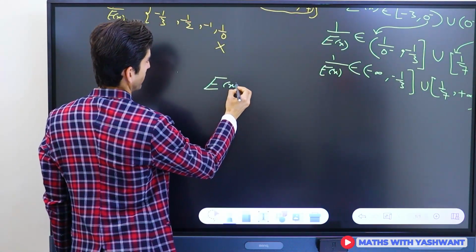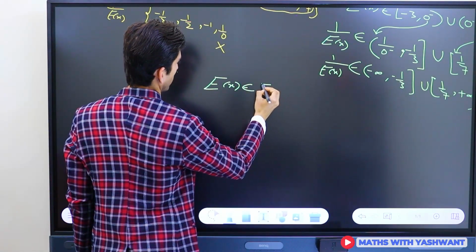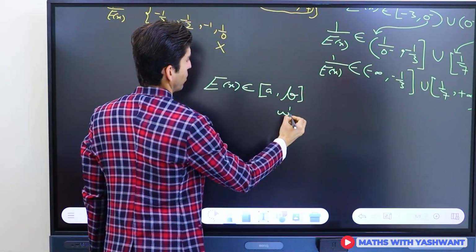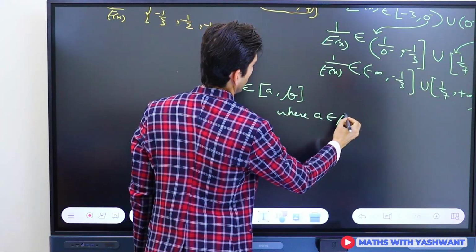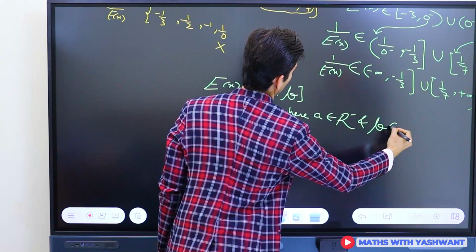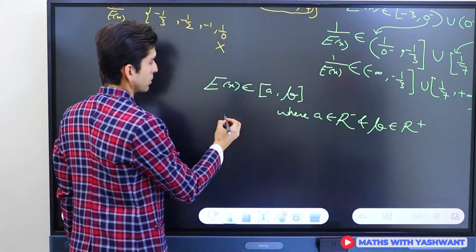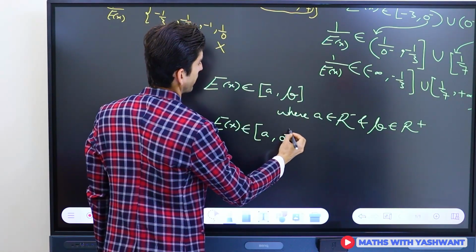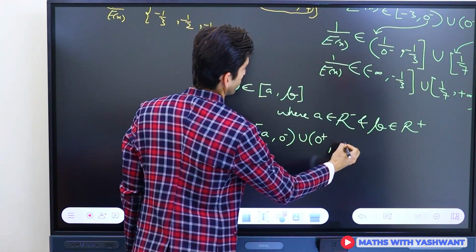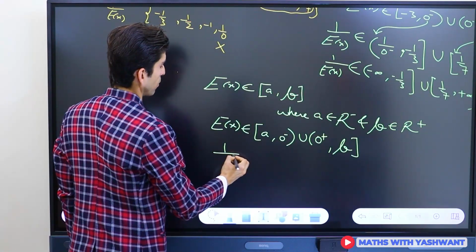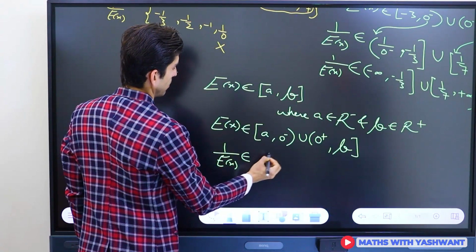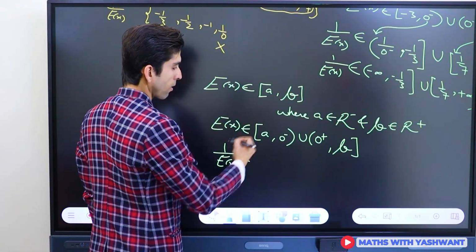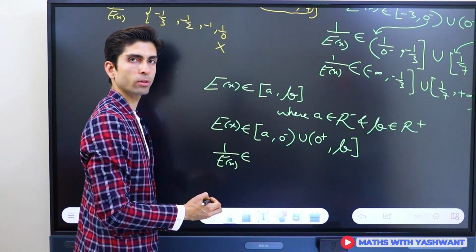So when f(x) is in the closed interval A to B, where A is a negative real number and B is a positive real number, first we break the interval at 0, so it will be A to 0 negative, union 0 positive to B. And for 1 by f(x), we take the reciprocal and reverse the boundary points, along with taking care of the closed and open intervals.